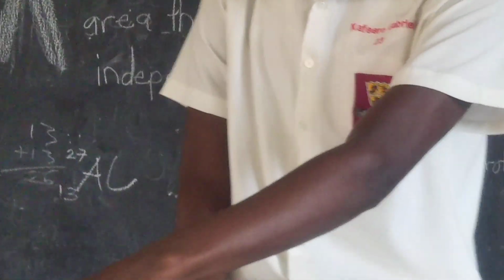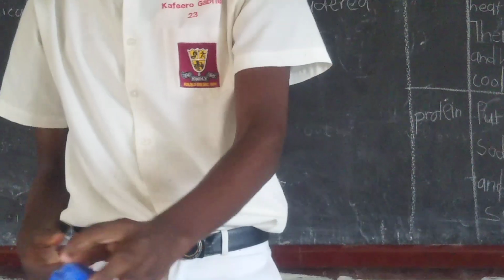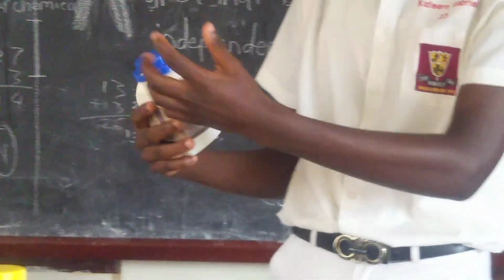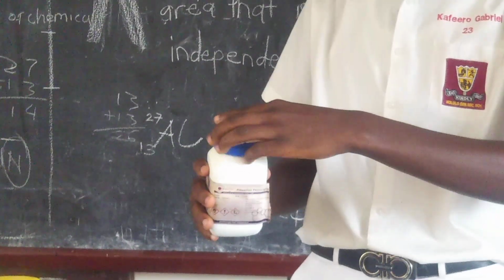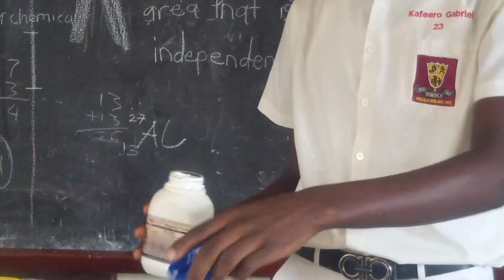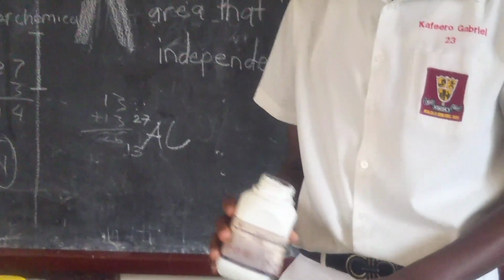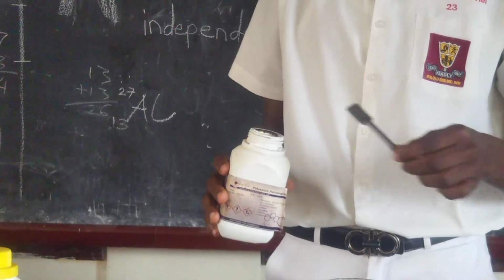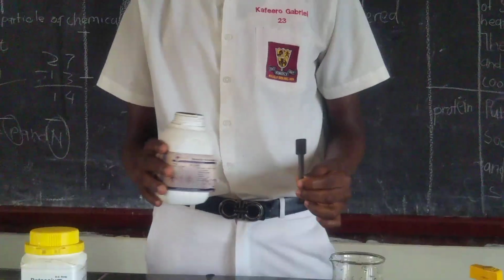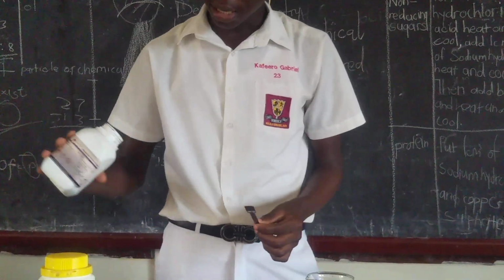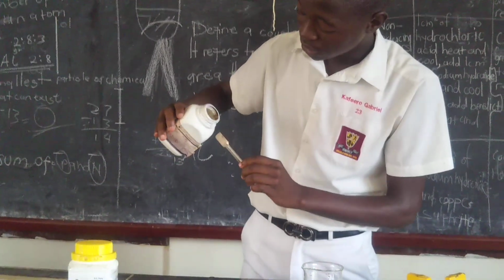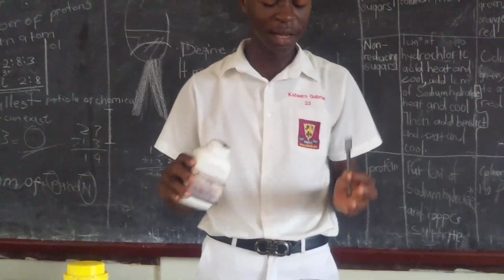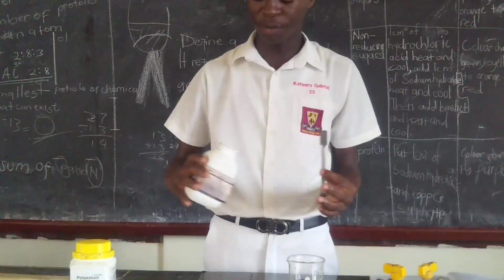I'll get the container of potassium permanganate, open it, and take out some of the potassium permanganate that I'm going to put in our beaker. As you see here, it's kind of black in color, but we shall see our results after adding it to our half-filled beaker of water.